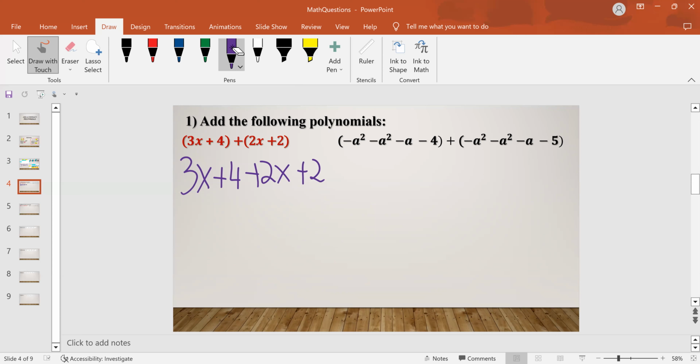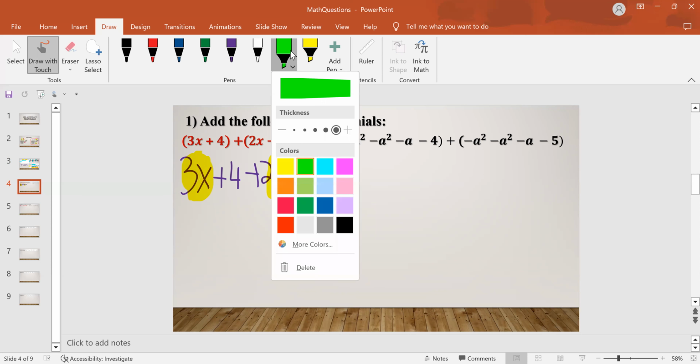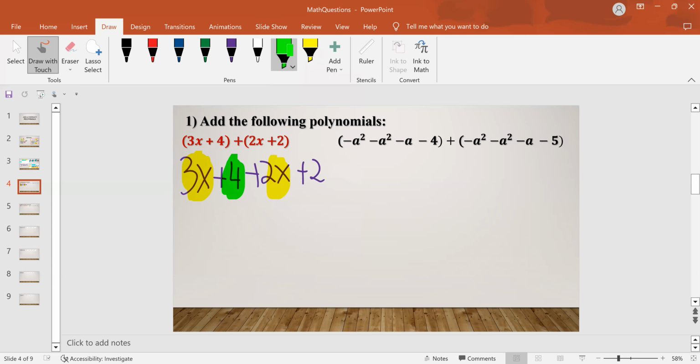After that, we're going to combine like terms. 3x and 2x are like terms, and also 4 and 2 are like terms. Adding 3x to 2x, we have 5x.